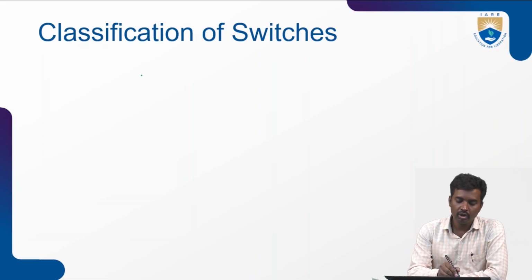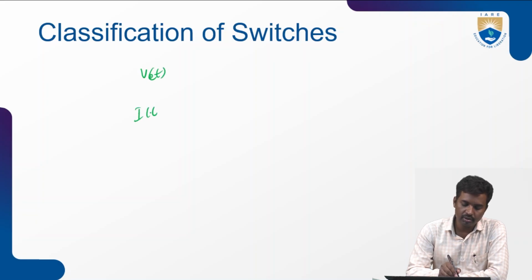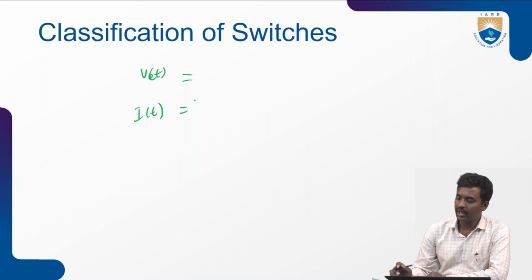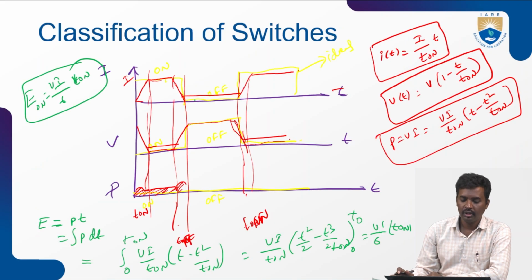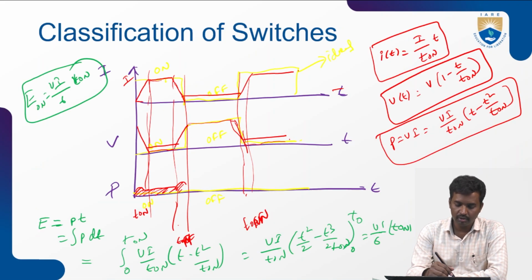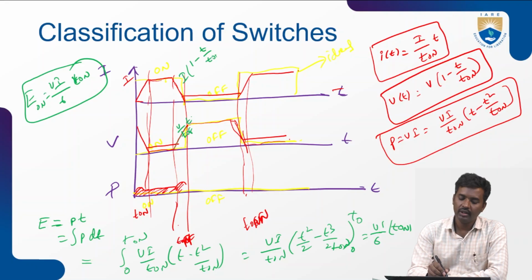So now the same situation for T off. Here V of t and I of t. I will write V of t during rising: V by T off into T. And now here this is decaying, so I into 1 minus T by T off.